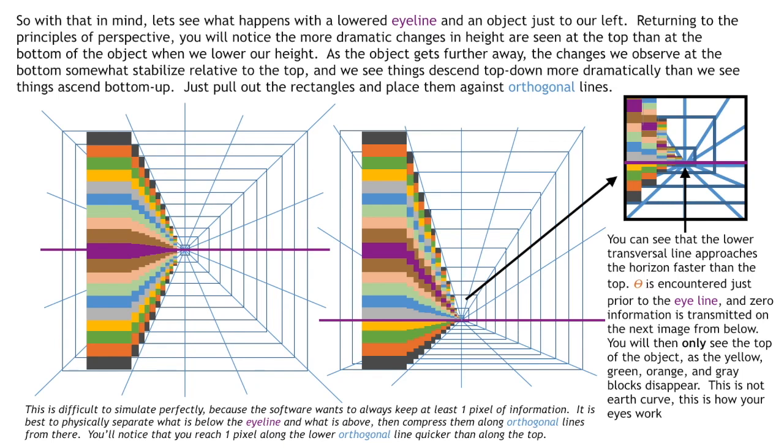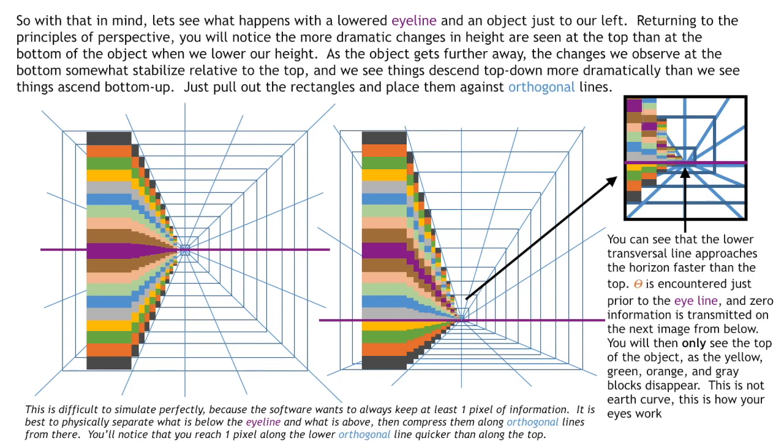So if I zoom in on these multicolored buildings, we'll say, you can see that the lower transversal line, these transversal rectangles, essentially this lower aspect of it that was compressed differentially to the top, approaches the purple horizon line faster than the top does.